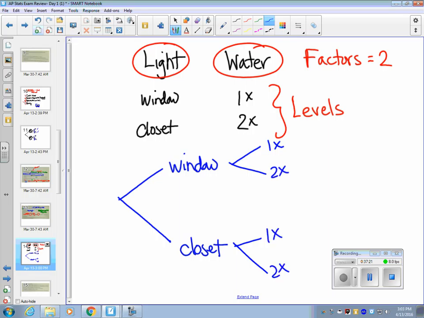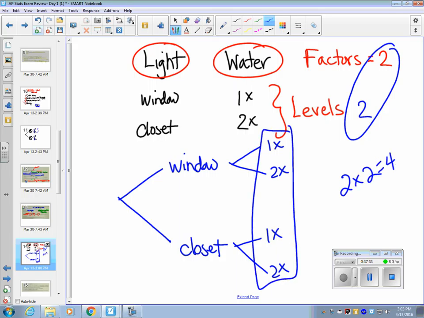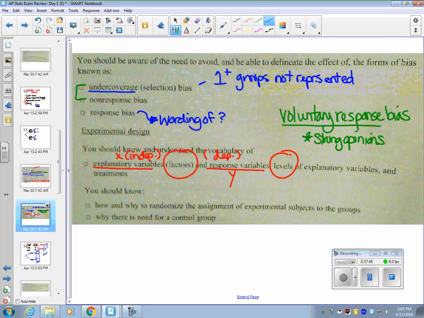Would you agree with that? Has that accommodated everybody? So I have 2 factors, 2 levels. How many treatment groups do I have? 1, 2, 3, 4. Okay? And that's how you would find that. You sure? Okay. Just making sure.